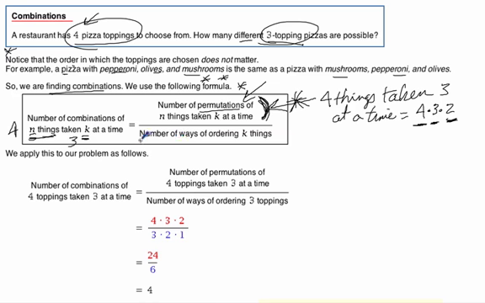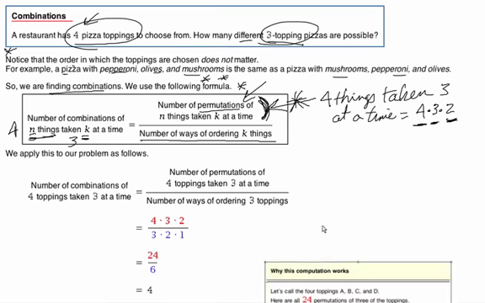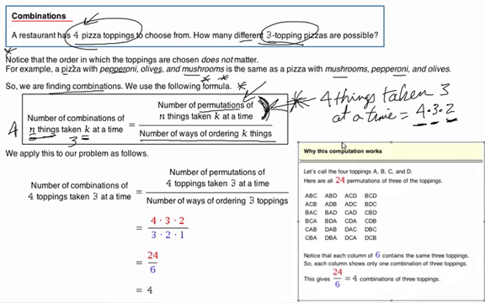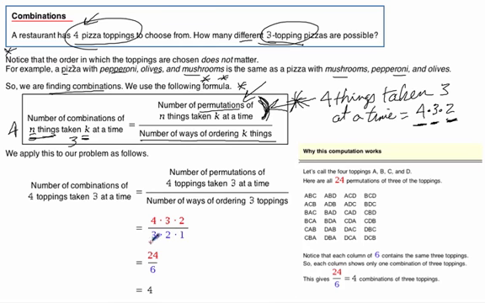So now looking at this denominator, the number of ways of ordering k things, let's take a look at what that means, because it's sometimes a bit confusing to figure out how to get this, but this is actually pretty easy.